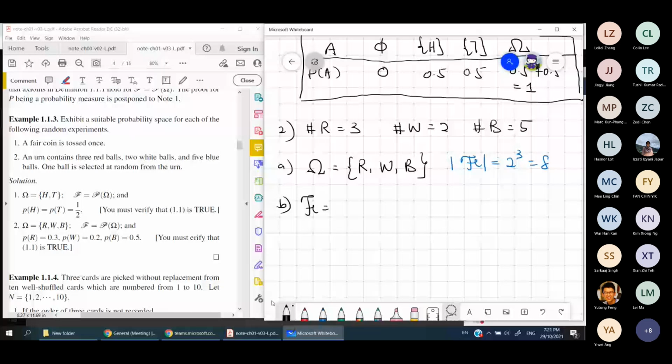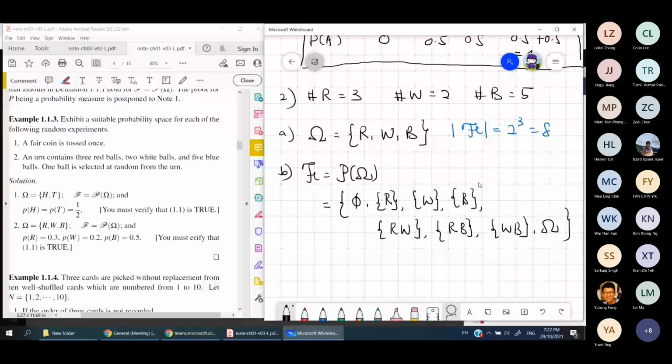Since I have 3 elements, there will be 8 of them: the empty set, the singletons R, W, and B, and then R and W, R and B, and W and B, and finally we have our Omega, with 3 elements here.